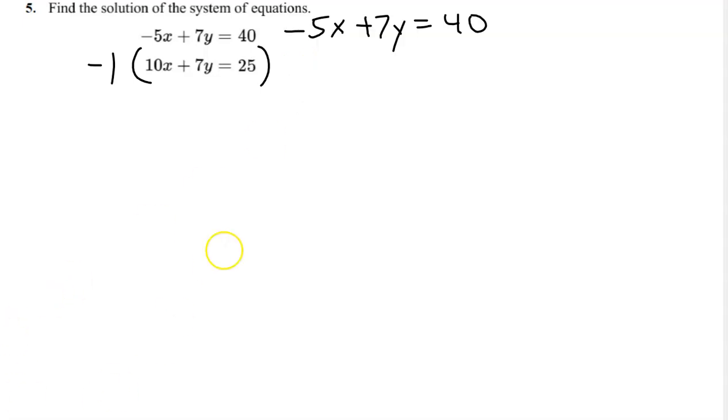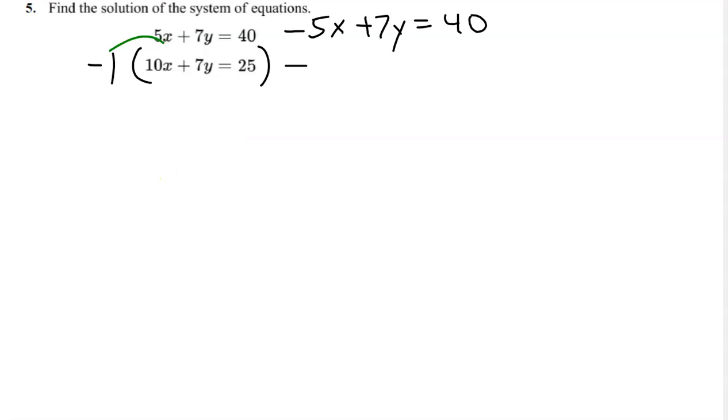So I'm going to rewrite the first equation. Negative 5x plus 7y is equal to 40. And I'm going to distribute this negative 1 to each term. So first I'm going to do negative 1 times positive 10. Negative times a positive is a negative.